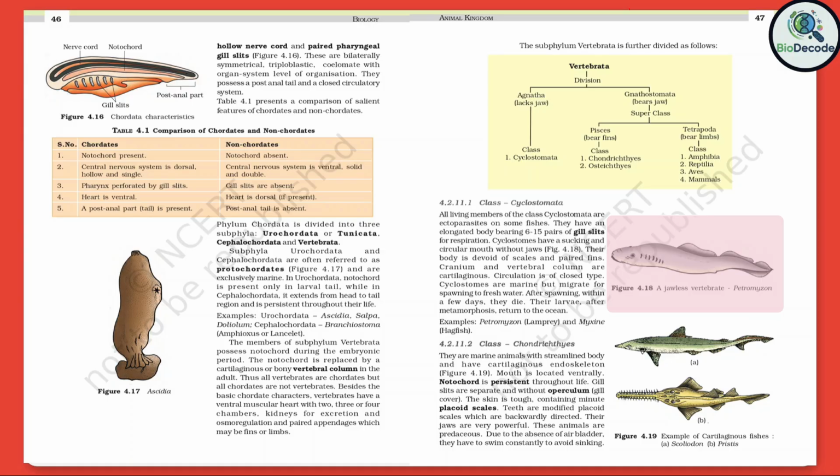This figure represents Petromyzon, lamprey, a jawless fish from the class Cyclostomata, the most primitive group of living vertebrates. The eel-like body is elongated, scaleless, and lacks paired fins. The circular suctorial mouth functions as an attachment organ, helping it cling to other fish and feed on their body fluids.